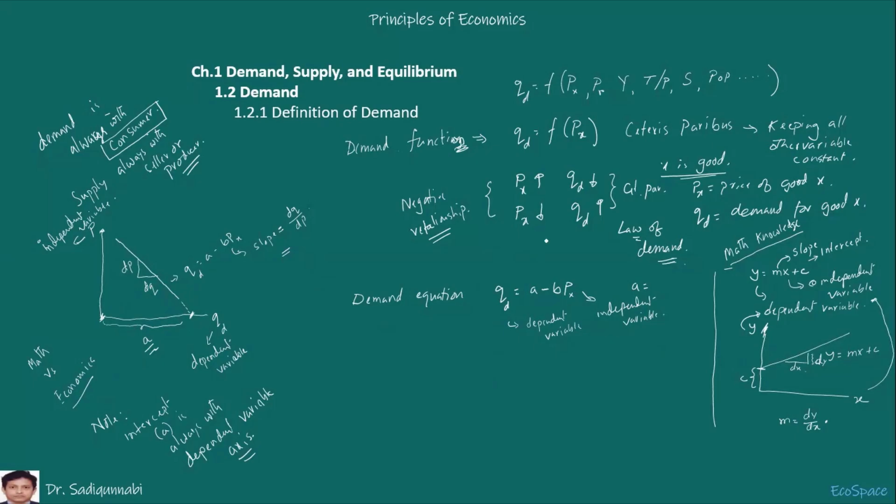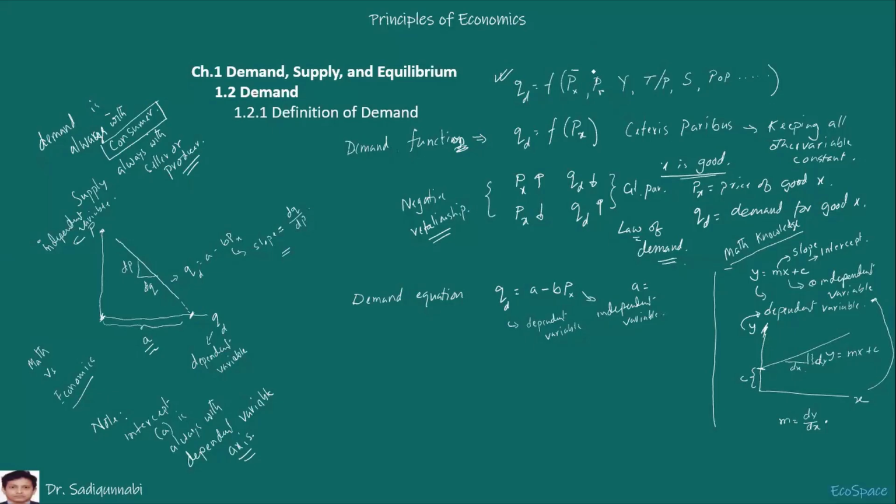Now, can you tell me, if I start here, look at this equation. If I put a negative sign over PX, that means there is a negative relationship between QD and PX. Now, can you tell me what is the sign over PR?